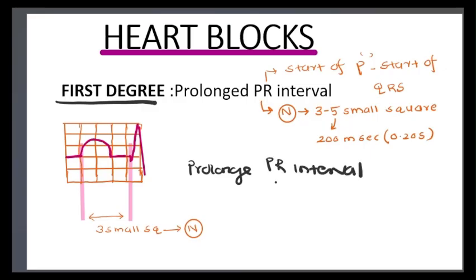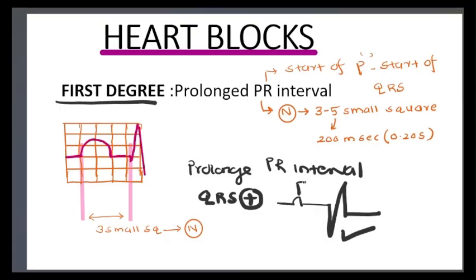Usually, what do you think of by the term heart block? Some of you might be thinking of missing QRS complexes. But here, the QRS complex is present. Every P wave is conducted to the ventricle and produces a QRS complex. Every P wave is followed by a QRS. But the problem is conduction. The conduction is slow.